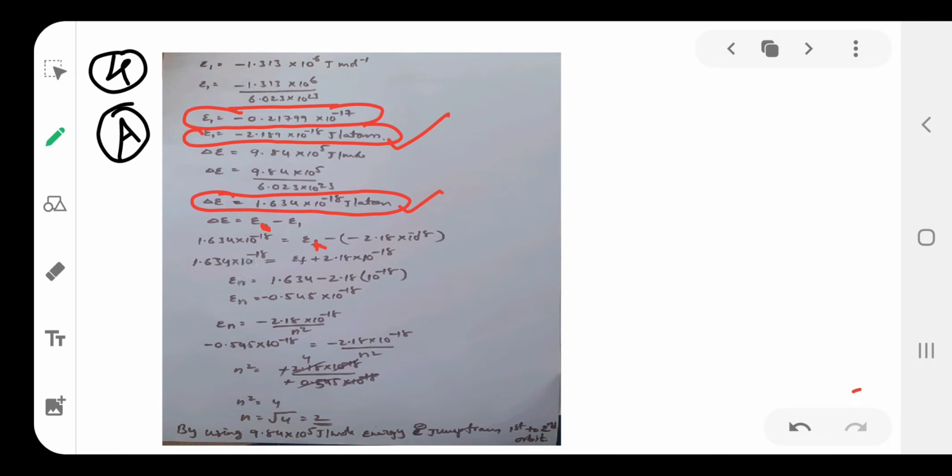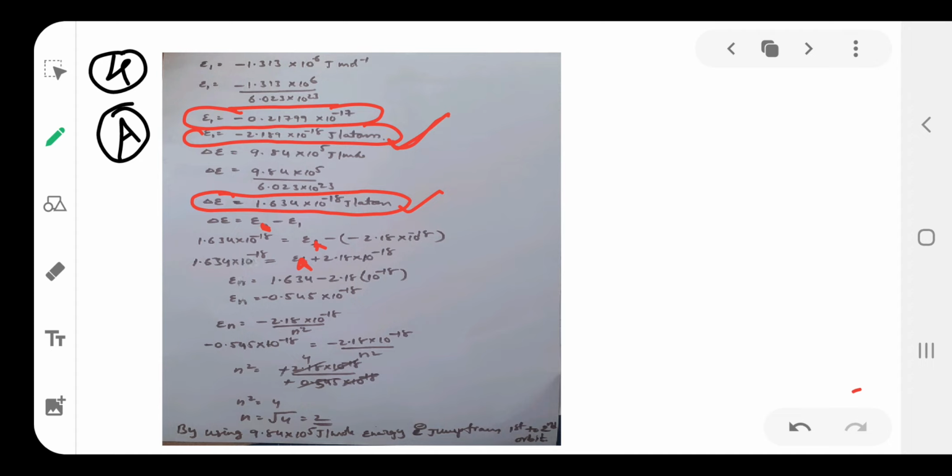Then minus E1, which we calculate already, that is 2.18 into 10 power minus 18 joule. Then En is separated to this one side, then it is plus 2.18 into 10 power minus 18. It comes to this one side, it becomes minus.